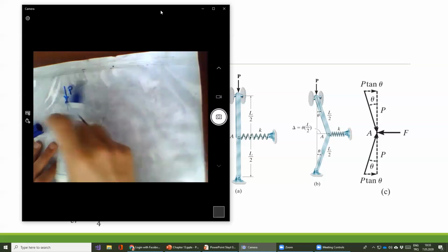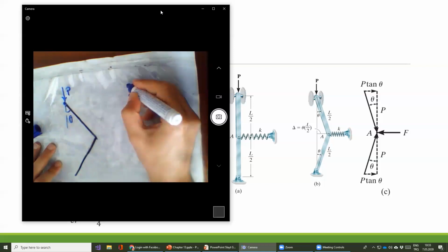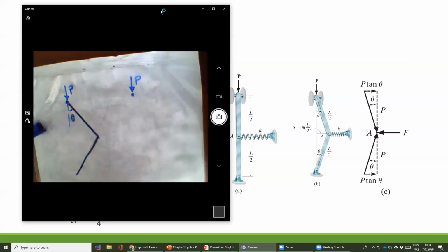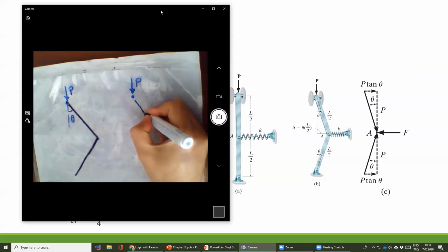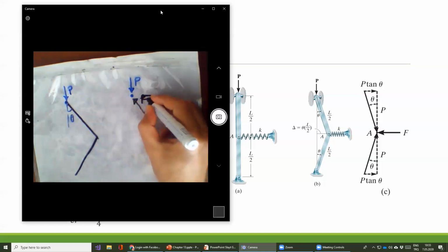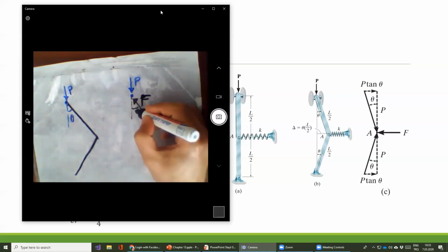If I want equilibrium at this point, we have some kind of force P here. Sorry, I can define it as F, and we have an angle theta here.